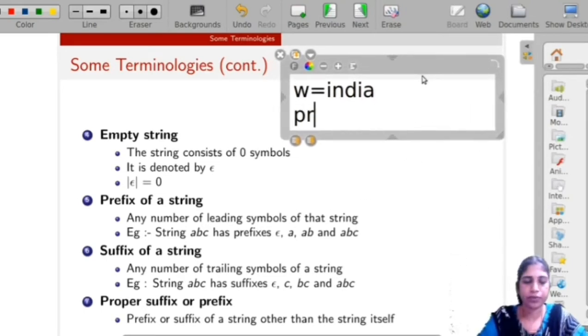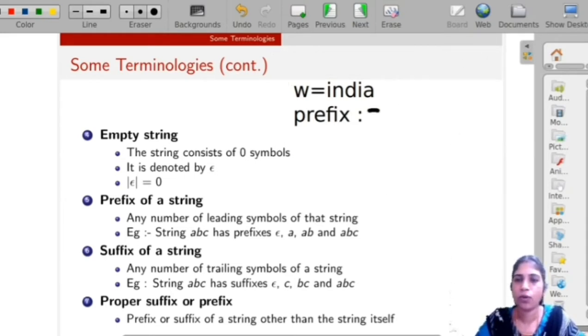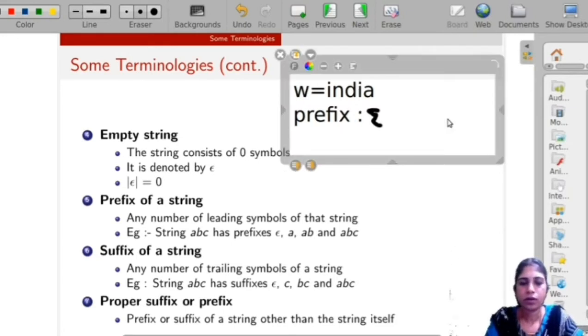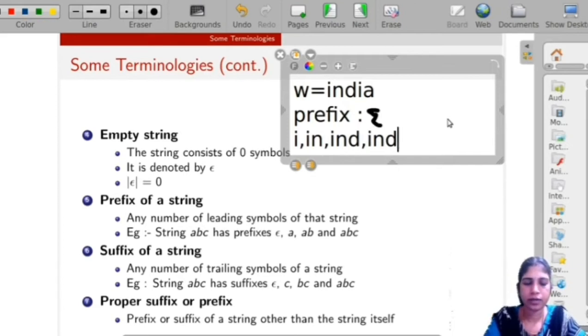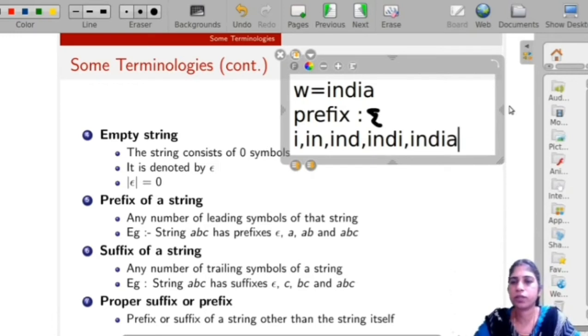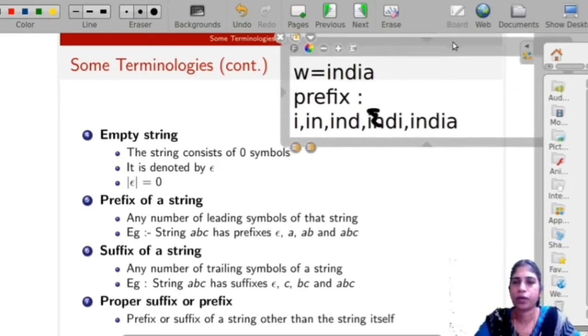So we can write the prefixes: the first is the string with 0 symbols, that is epsilon. Next prefixes are I, IN, IND, INDI, then INDIA. So these are the prefixes of the string India.